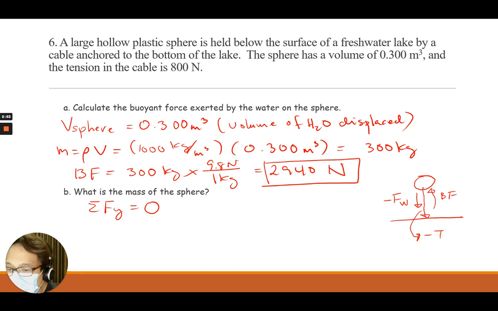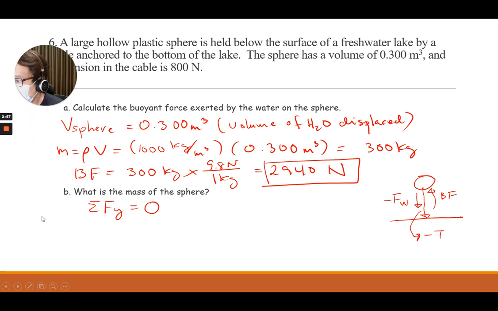So we do the sum of forces along the y. What are the forces along the y? You have negative T, which is pointed downward. You have BF, which is moving upward. And you have Fw, directed downward. They are equal to 0.